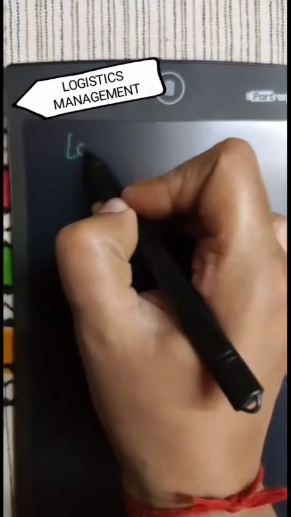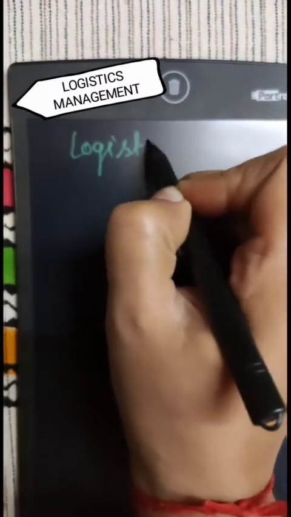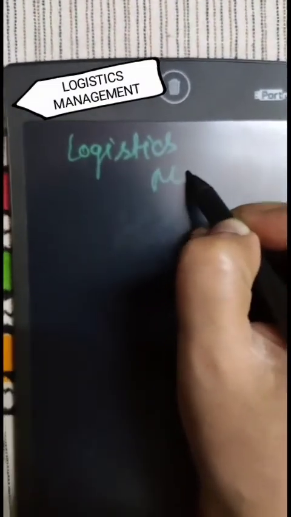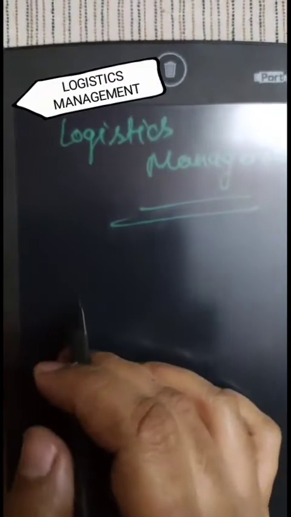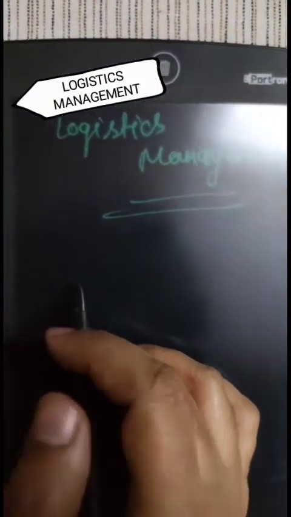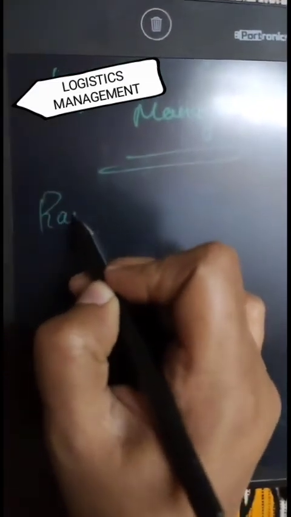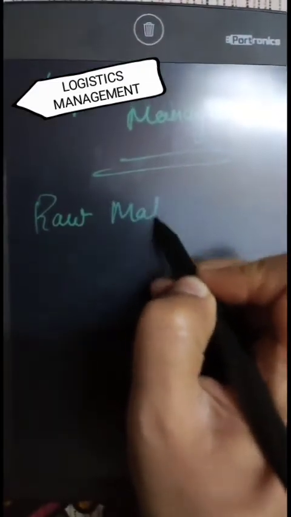Now let us study more about logistics management. It is a process in which the flow of goods is managed, how they are transferred from manufacturer to the end users. Now we can see first of all raw materials.